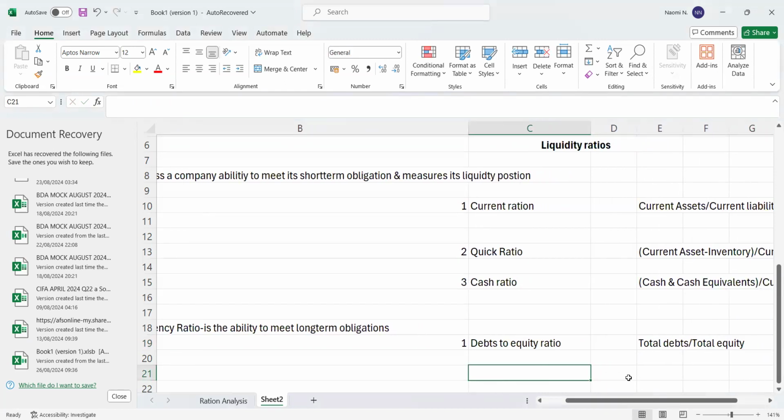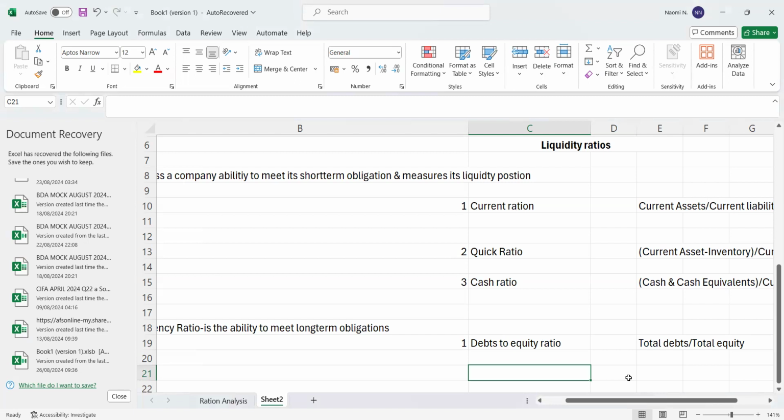So this ratio compares the total debts to the shareholders' equity of the company. It indicates the proportion of financing from the creditors and from the shareholders. It compares, out of the assets we have bought in the organization, or out of the funds we have in the organization, how much is for creditors, how much we got as a loan, and how much is coming directly from the shareholders.